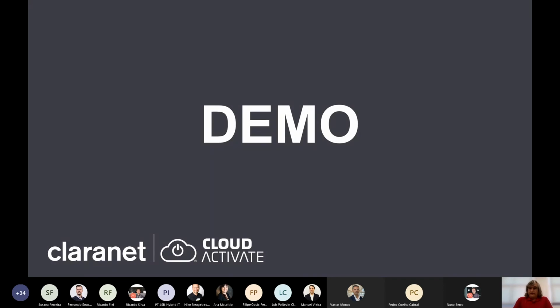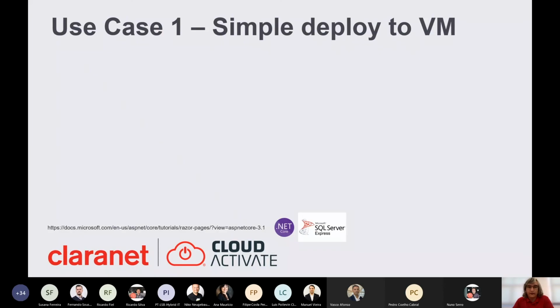Okay. Thanks, Nuno, for the nice overview of Azure DevOps. Now let's go to the fun part. We are going to show you two live demos and actually show you Azure DevOps in action. The first use case I have to show you is a very simple one, where we'll be demonstrating the deployment of a small web application into a single virtual machine.